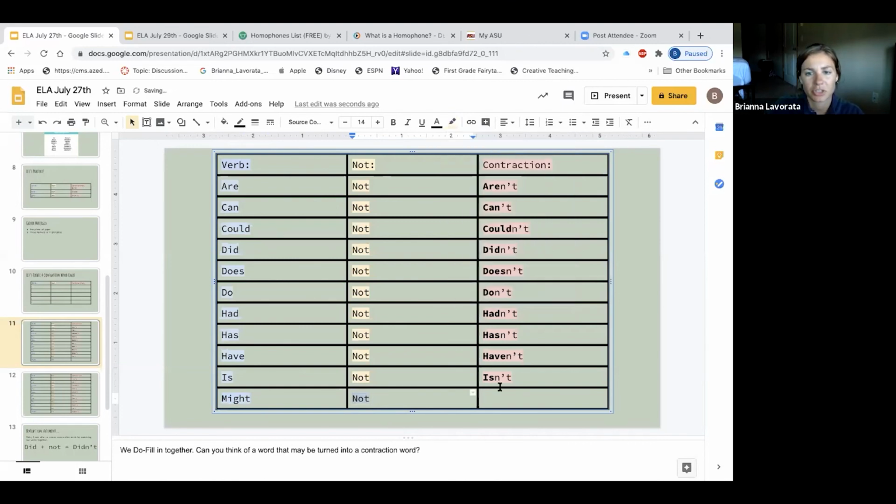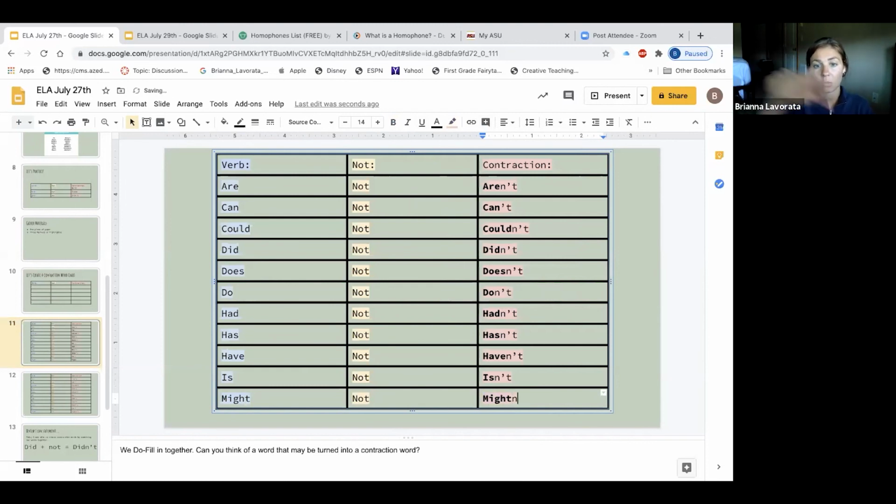How am I going to contract the word might not? Well, let's first write the word might. Okay, I did that. I'm going to bold that so you can see. I'm going to do the same thing that we've been doing. Might.